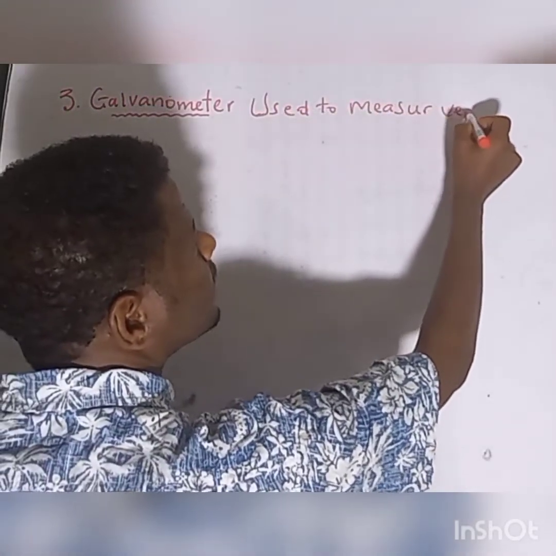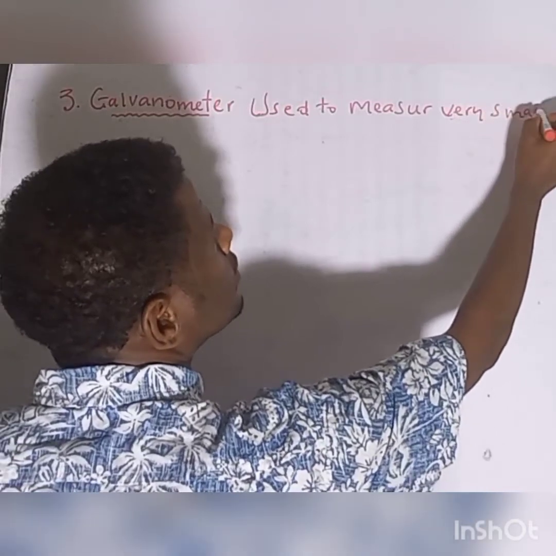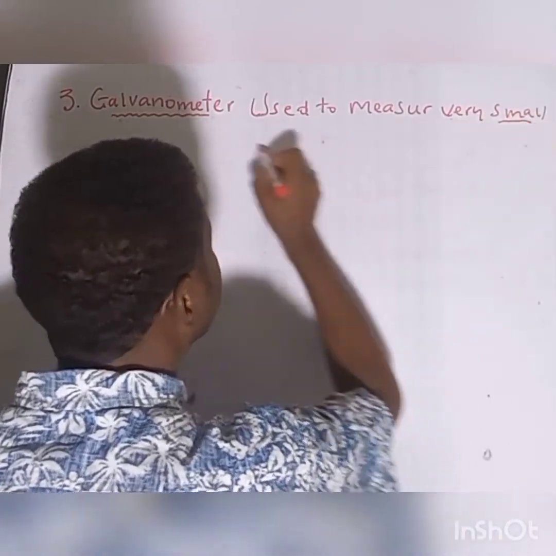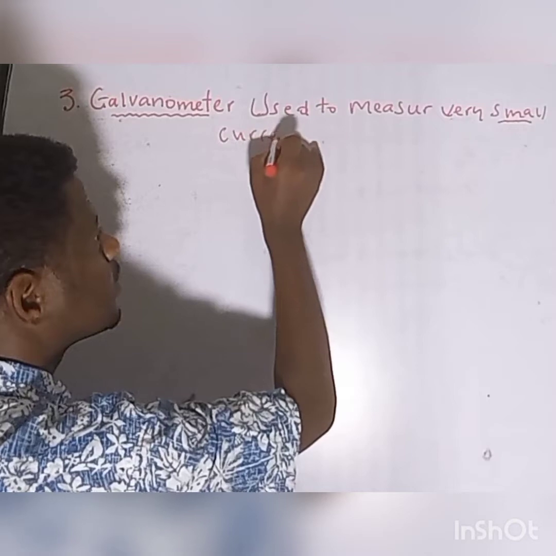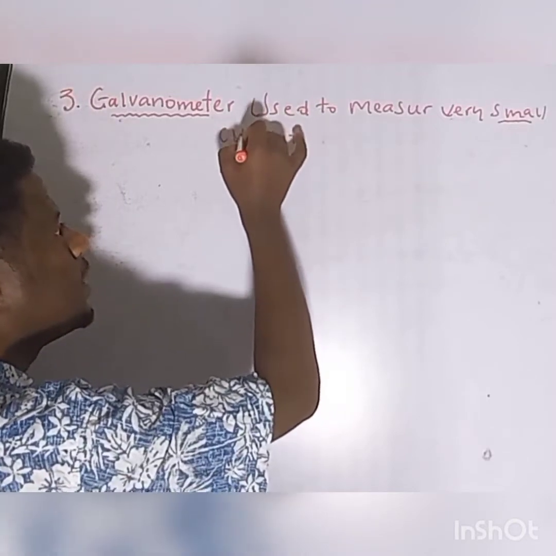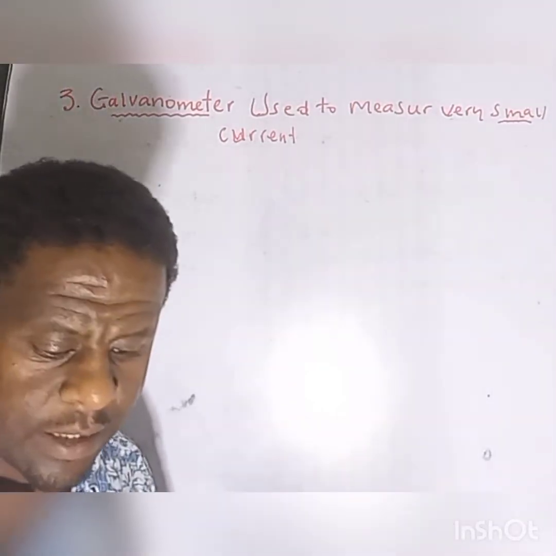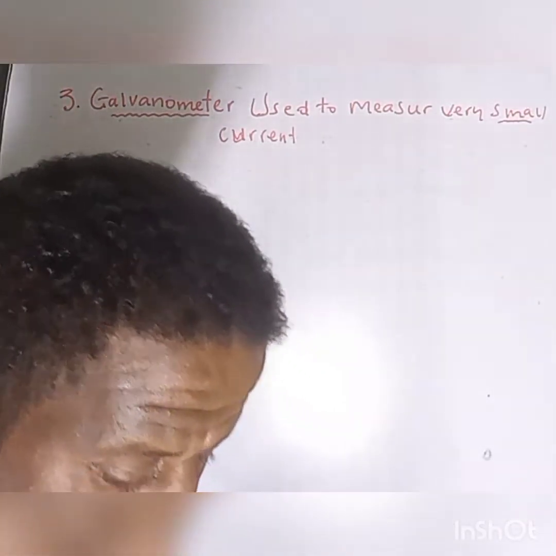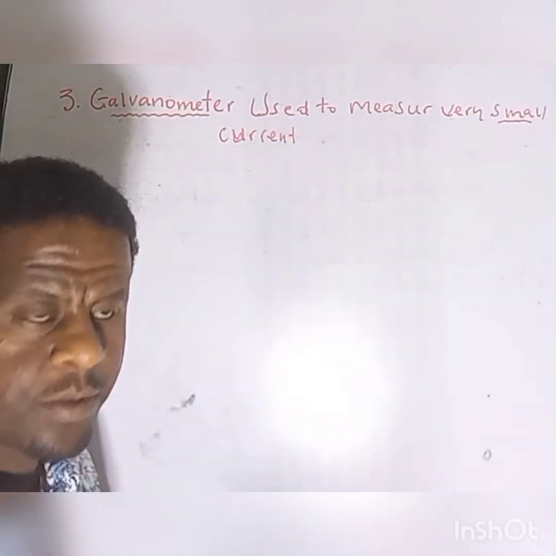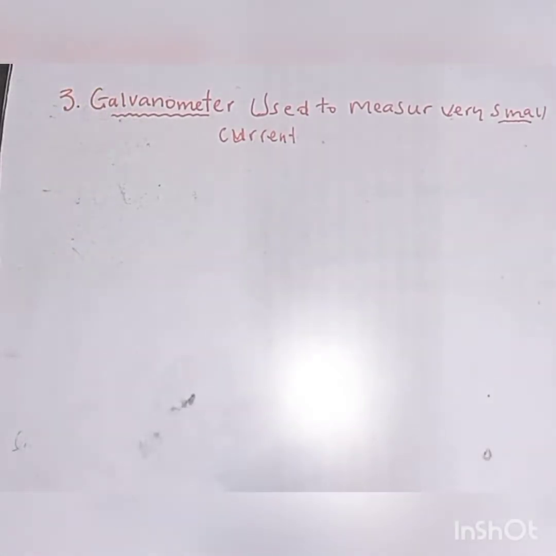But we can use a galvanometer as an ammeter and as a voltmeter using a shunt resistor and a multiplier resistor.